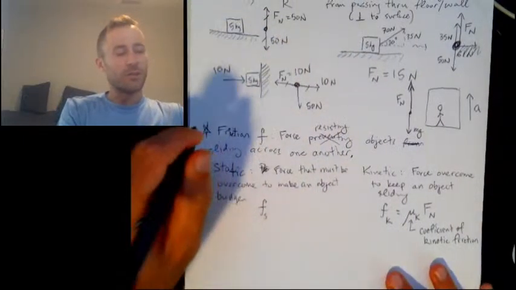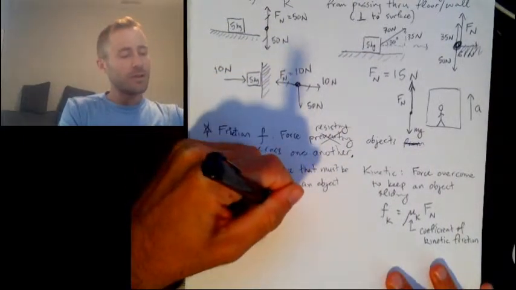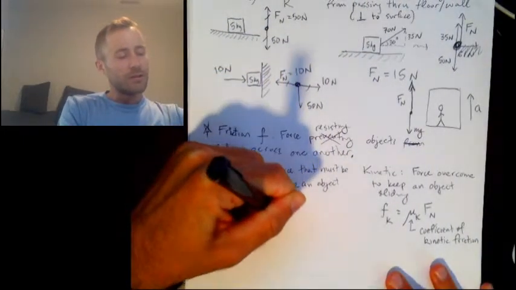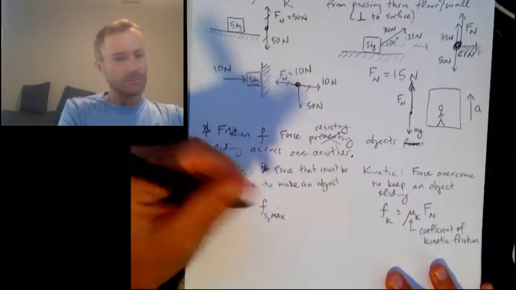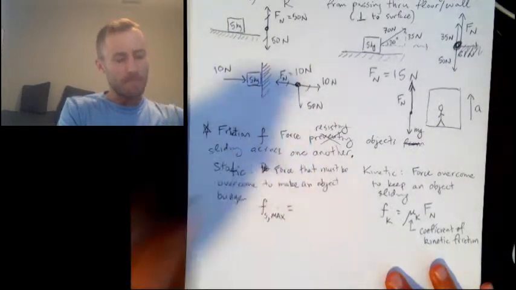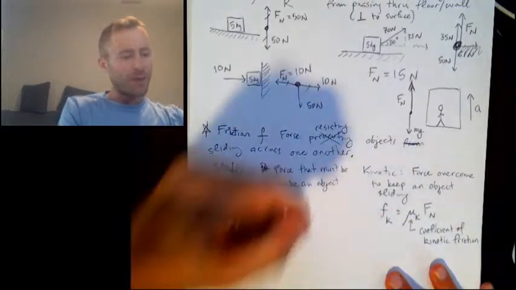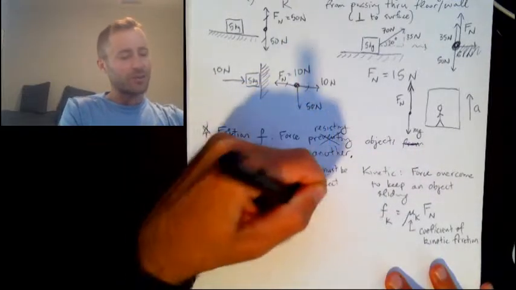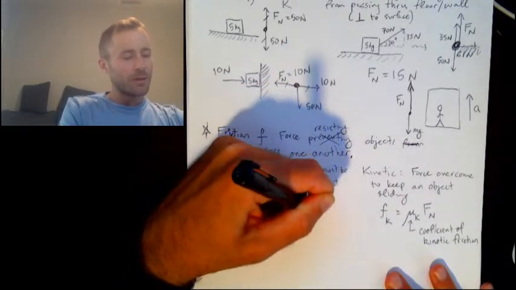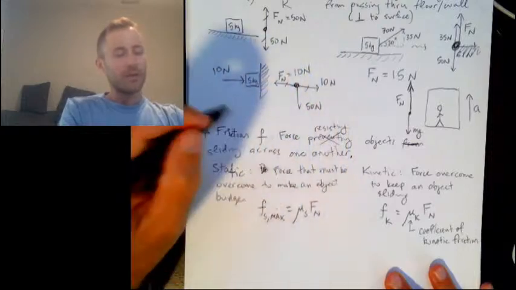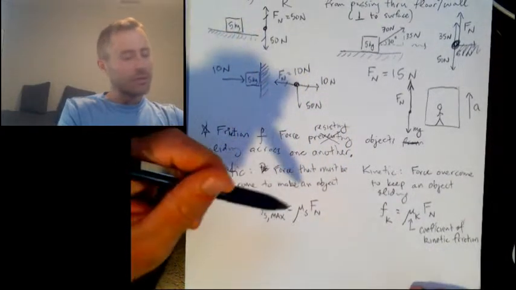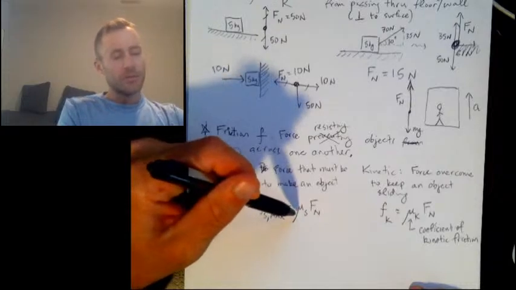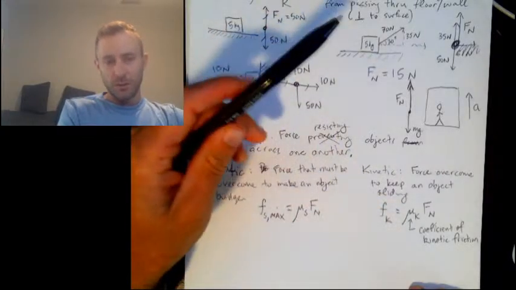There's an analogous formula for static friction. Static friction goes up to a certain maximum value. Okay? And that maximum value is mu sub s times normal, where mu sub s is the coefficient of static friction. Now, generally speaking, mu sub s and mu sub k are not equal to each other.